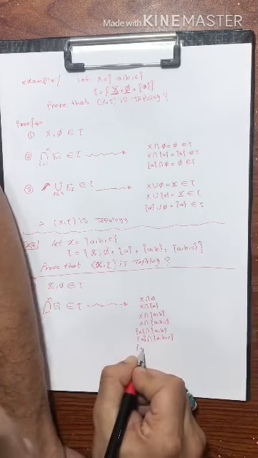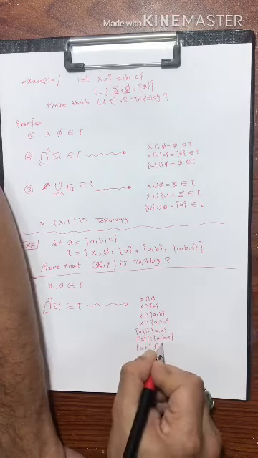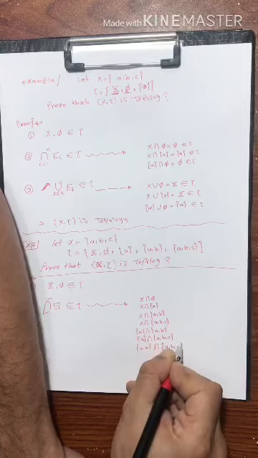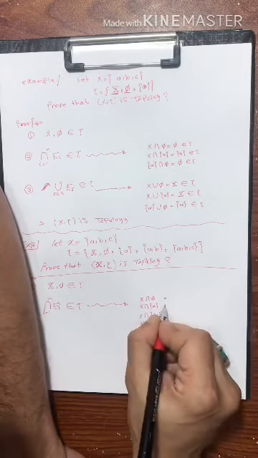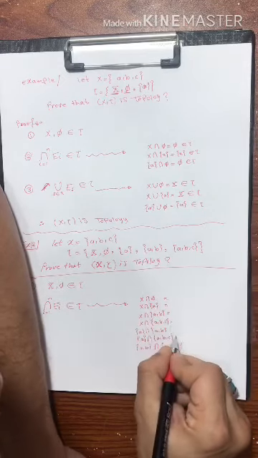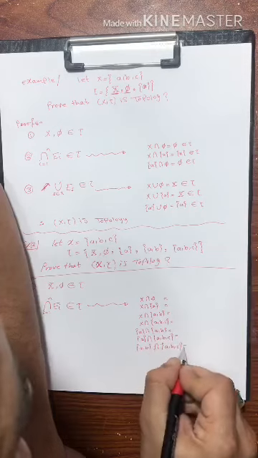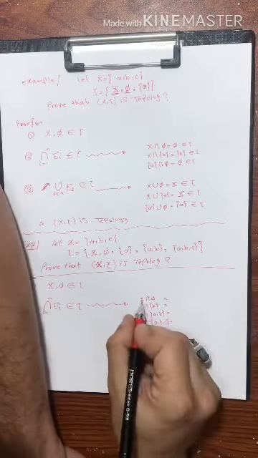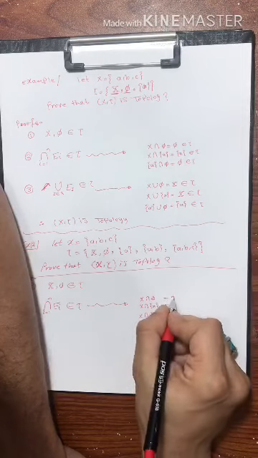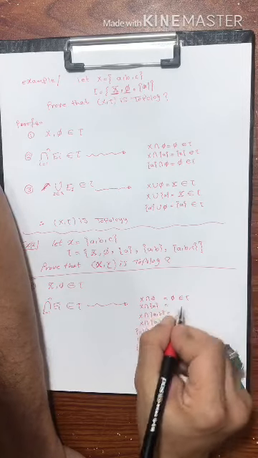Now subset AB intersection subset ABC. We will show the result of all this. Here the result is phi, and phi belongs to tau.